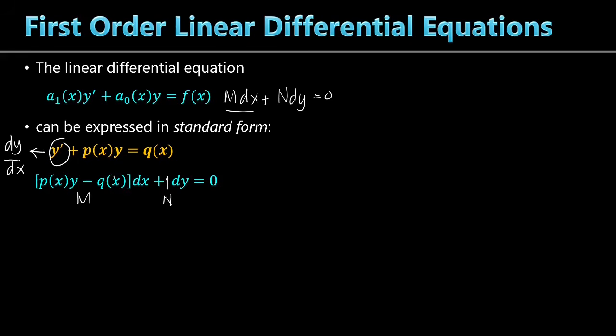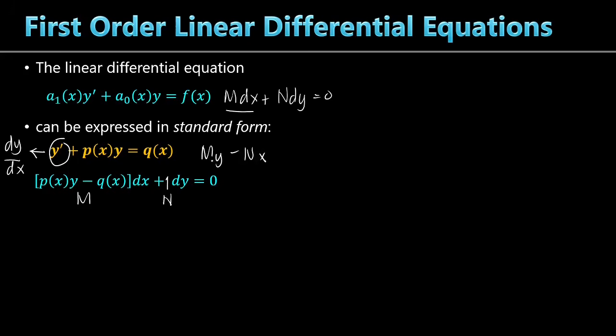Now, assuming na siya ay hindi exact, pwede natin siyang hanapan ng integrating factor. So, do you recall kung paano kumuha ng integrating factor? Kukunin mo lang ang partial of M with respect to y, tapos ma-minusan mo ng partial of N with respect to x. So, if you remember, that's minus. Diba?